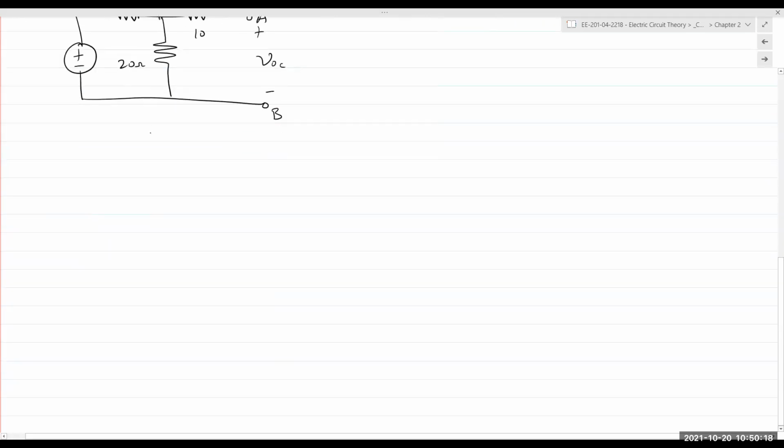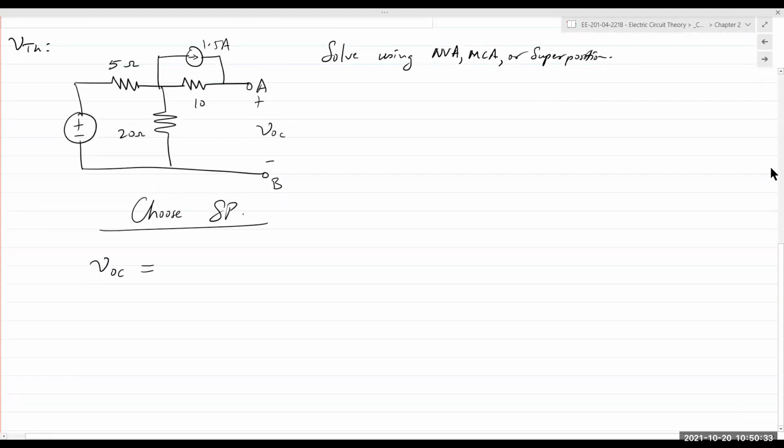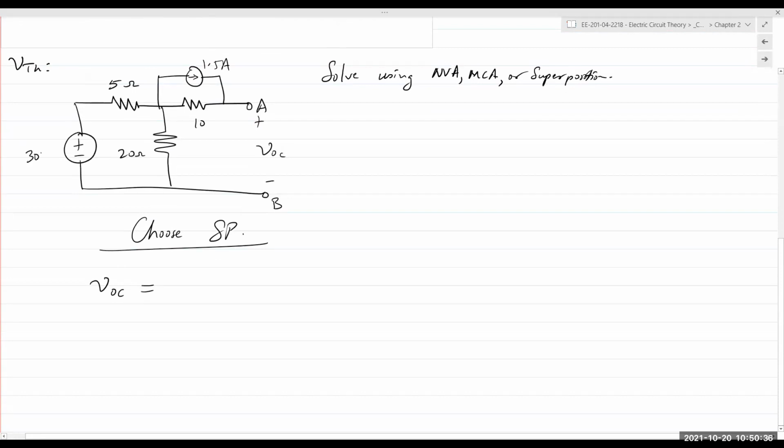That means my VOC is going to be a combination of two. This is 20 volts.